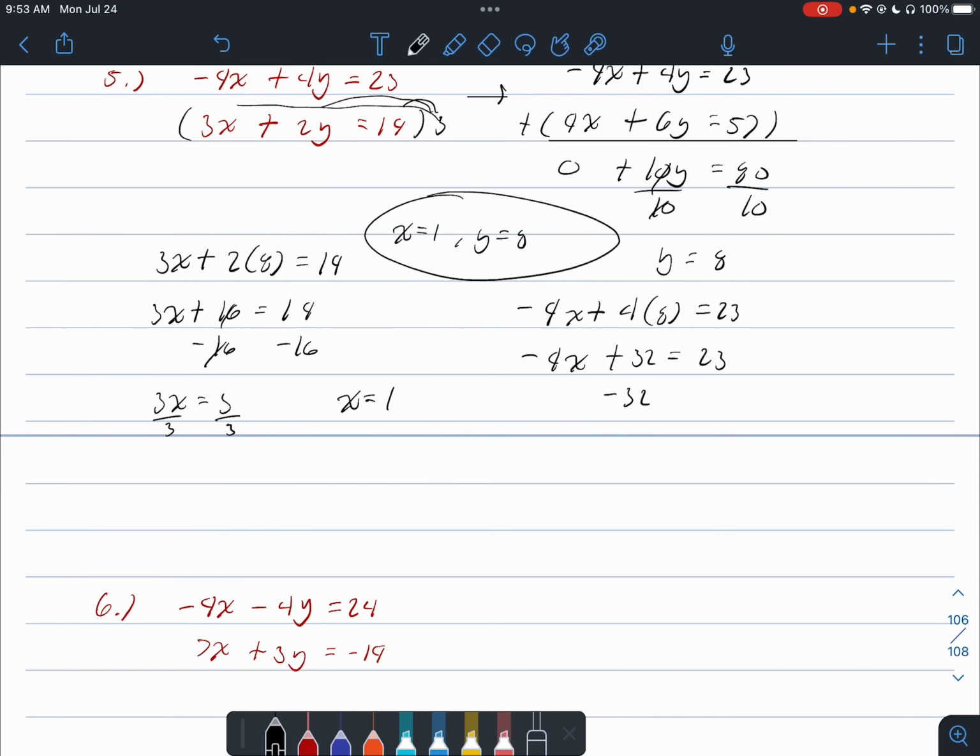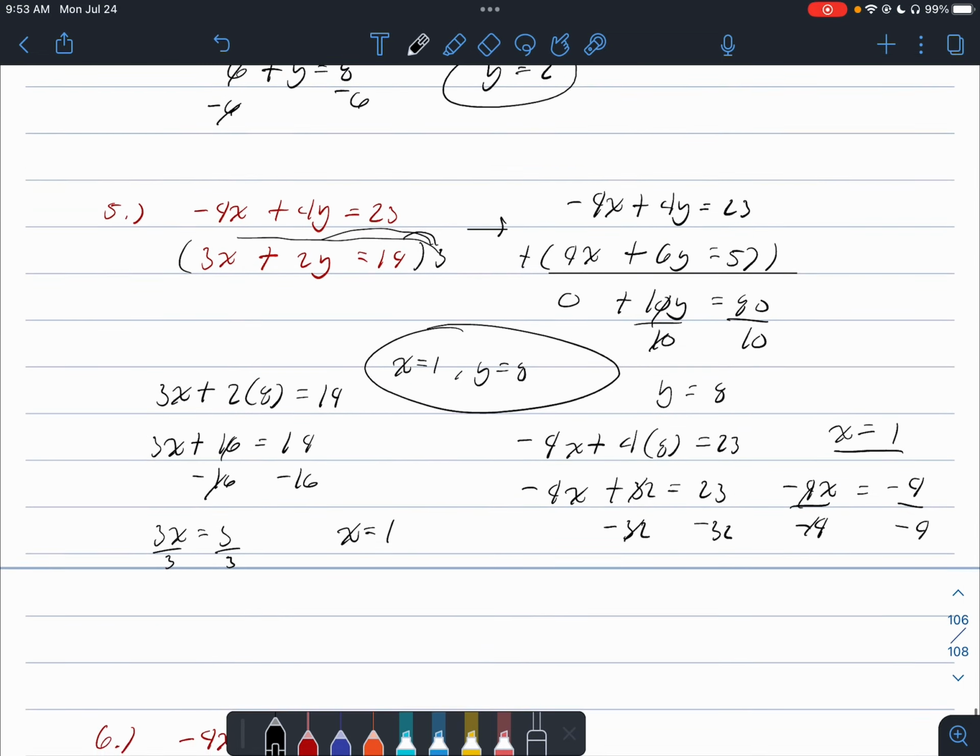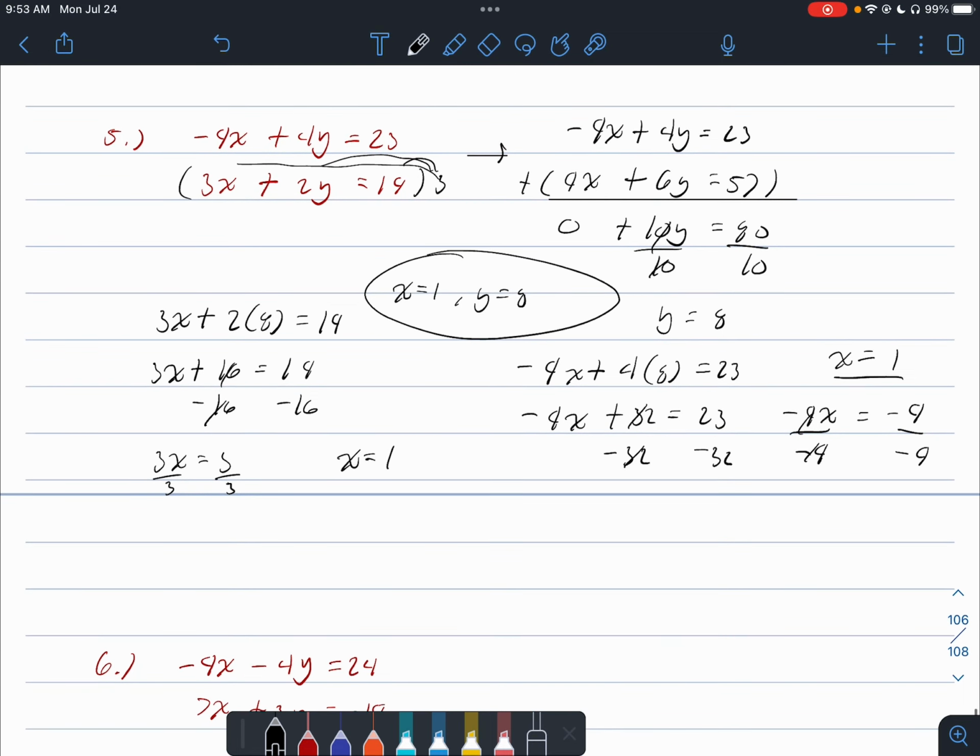So we can take 32 away from both sides, and we'll have negative 9x equals negative 9. Dividing both sides by negative 9, we get x is equal to positive 1. So, like I said, you really can choose whichever of the two equations you like better. You should get the same result back in either case.